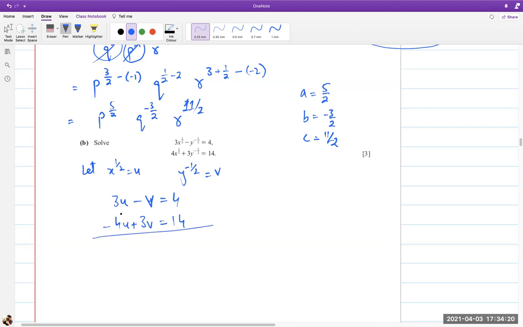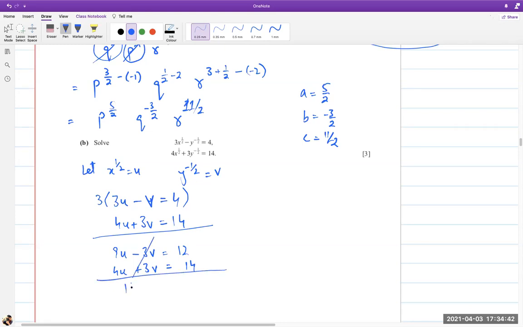I'm going to multiply this whole thing by 3, and that way I'll get 9u minus 3v is equal to 12, and 4u plus 3v equals to 14. Make sure that when you're writing it, your u and v don't look similar. Otherwise, it will be very difficult for you or the examiner to tell them apart.